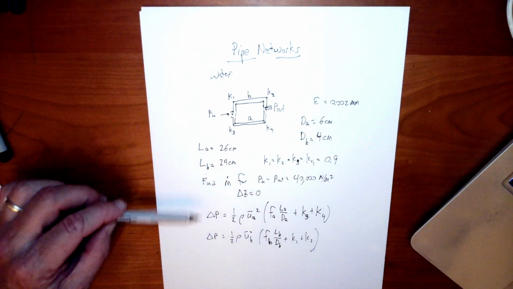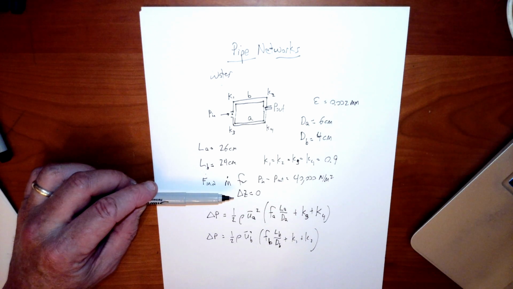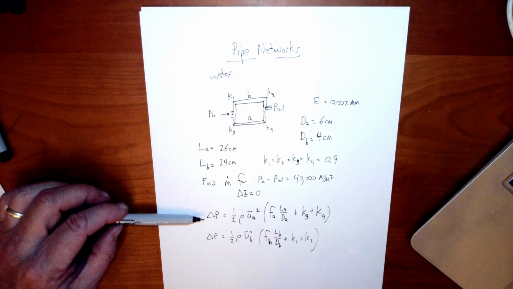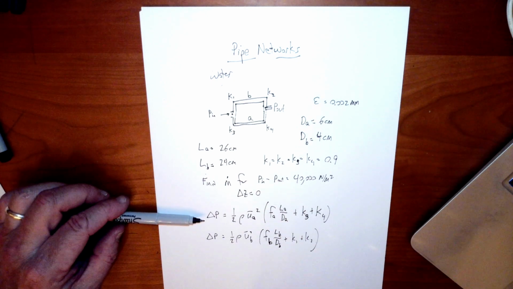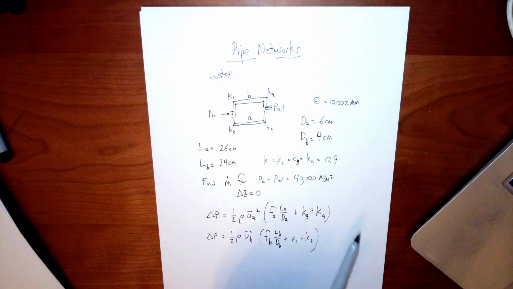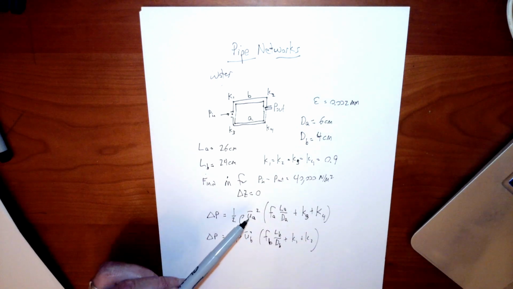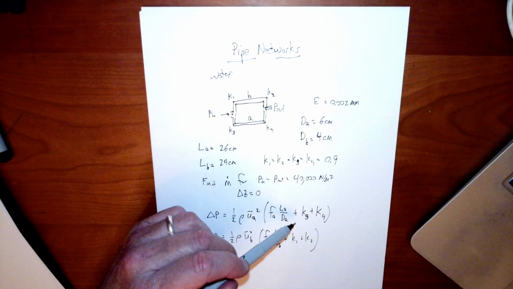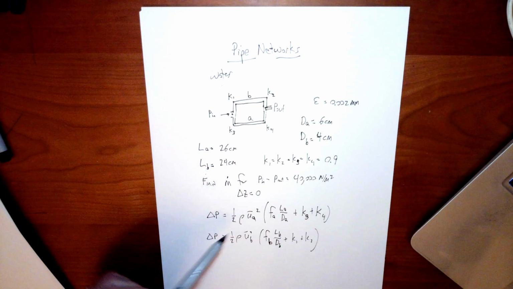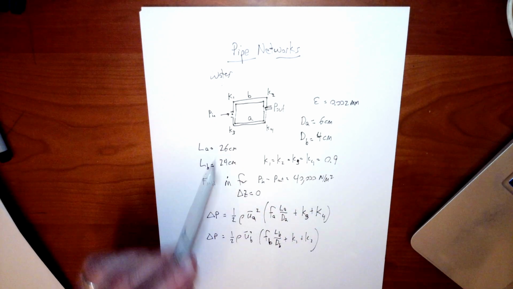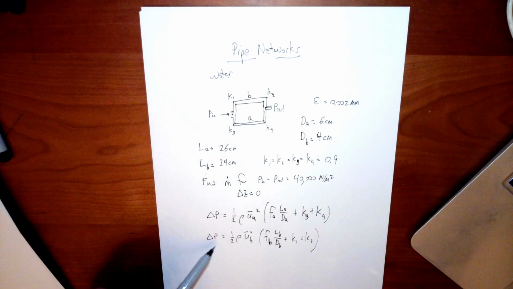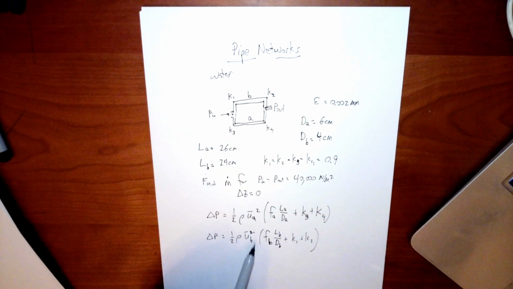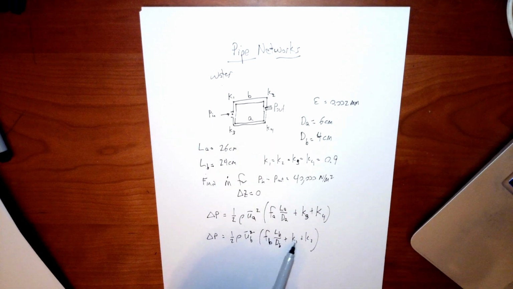We're assuming delta Z is 0 for this problem, so gravity is not an issue. This is the formula for delta P: 1/2 rho U_A squared times (F_A L_A over D_A plus the two loss coefficients). So that's the pressure drop across the A line, and of course the same pressure drop across the B line, which is represented by U_B squared, F_B, K1 plus K2.